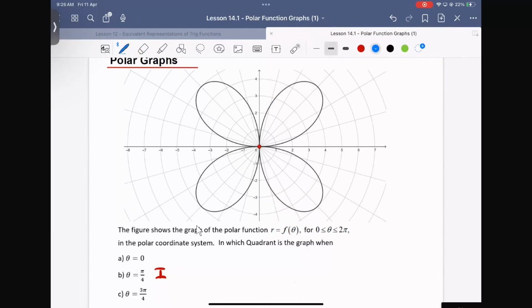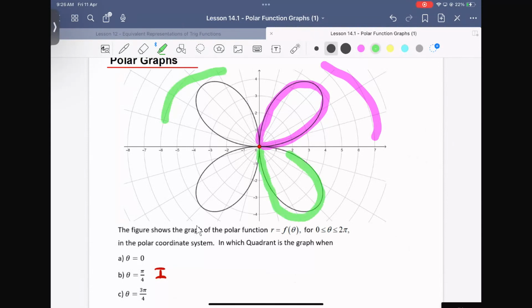All right, so when theta is in the first quadrant here, our graph is going to be here like this. When it's in the second quadrant, our graph is going to be here like this. When it's in the third quadrant, it's here like this. When it's in the fourth quadrant, it's here like this. So here at 3 pi over 4, it's going to be in the fourth quadrant.